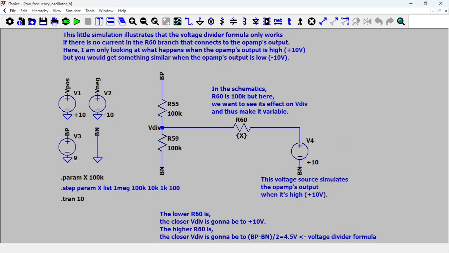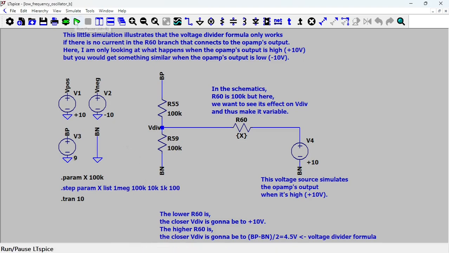You can try also minus 10. So plus 10 is again the saturated voltage at the output when it's in the high state. And here what I did is that I used a variable resistor using a parameter. So here it's at 100K, which is the same as the circuit from before, but you can also step through various values to see what happens to the voltage here.